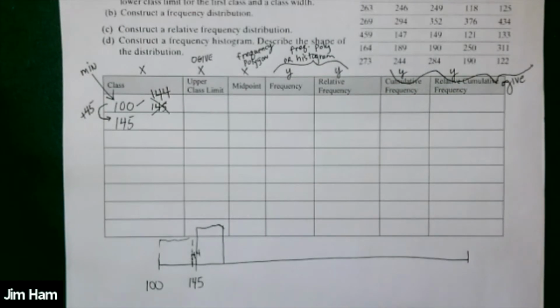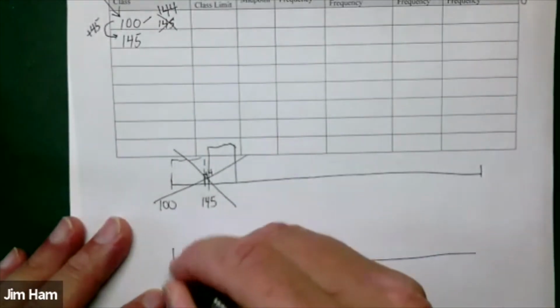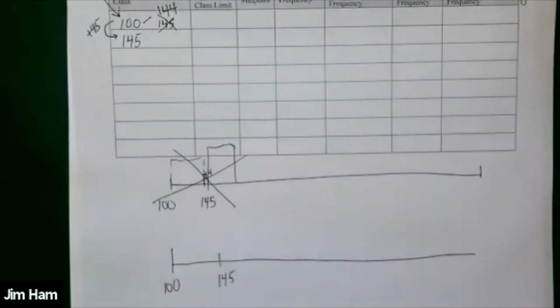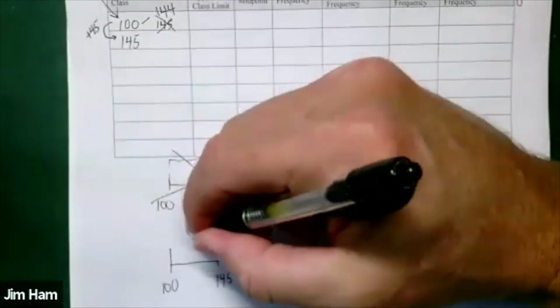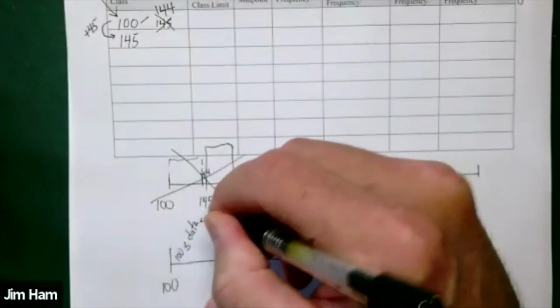So what we're going to say instead is we're going to start at 100, and our next class would be 145, but we're going to understand that we include all data that is greater than or equal to 100, but less than 145.